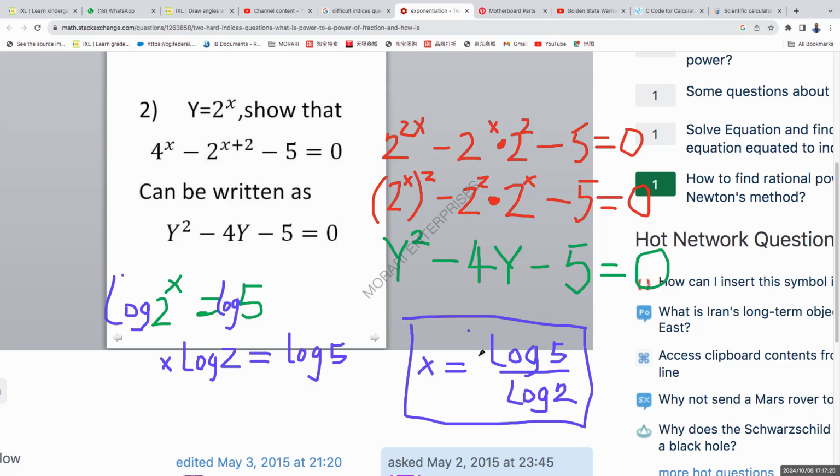So you just come here with y plus 1 in bracket, y minus 5. Then if each side is equal to 0, y plus 1 equals 0 will be y equals -1. Y minus 5 equals 0 will be y equals 5.